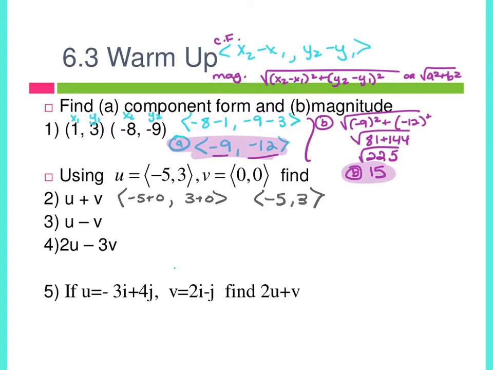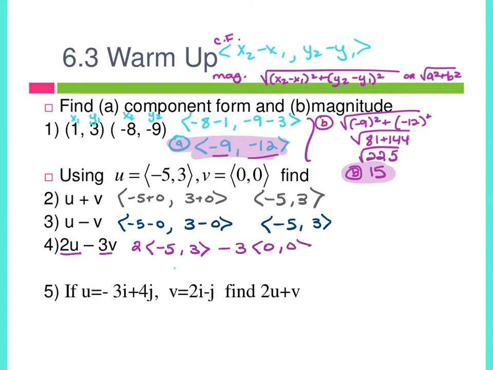For U minus V, I do the same, and I also get negative 5, 3. For 4, I'm going to do 2U minus 3V, so 2 times U minus 3 times V. So I get negative 10, 6, minus 0, 0, which is negative 10, 6.